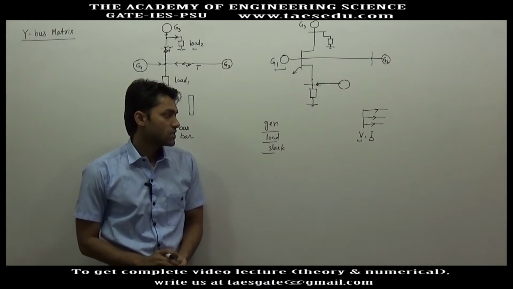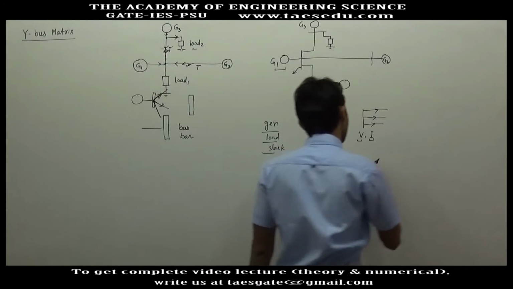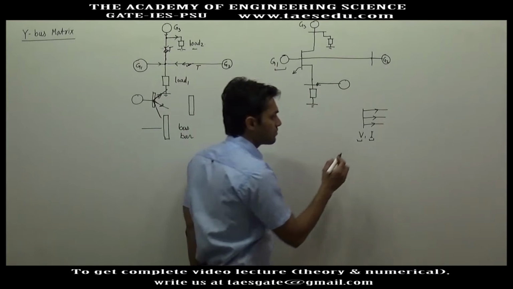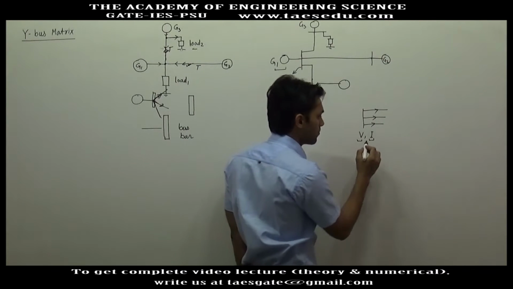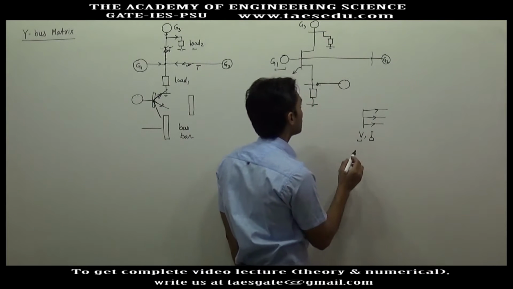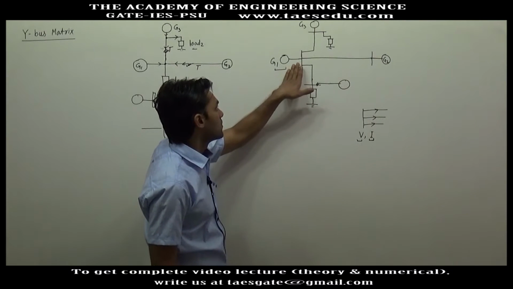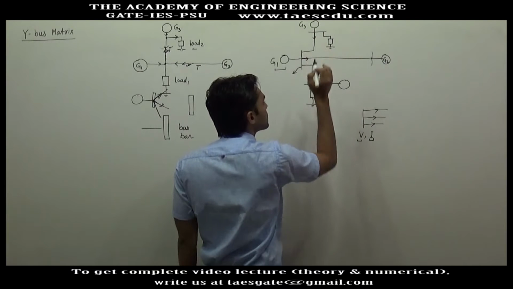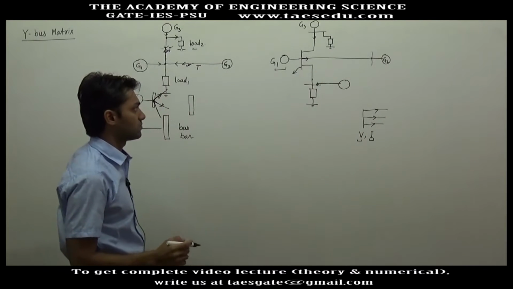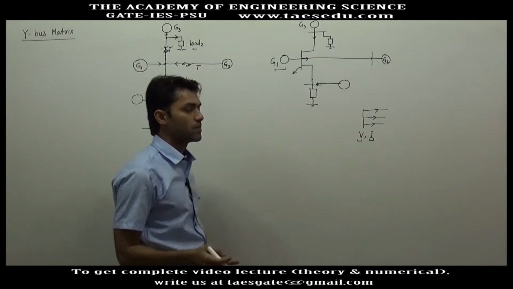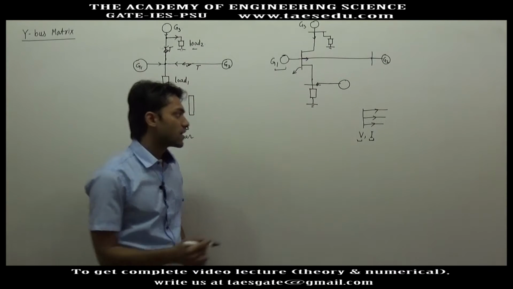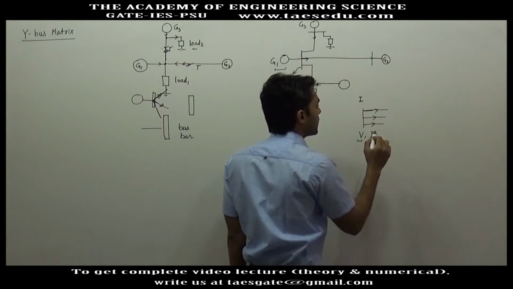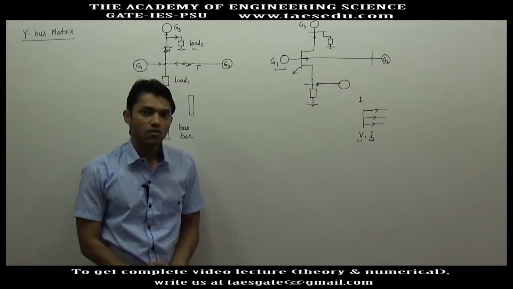In general, the voltage at any bus will not depend only upon the current flowing through this bus. In general, voltage at any bus, let's say this bus, will depend upon the currents flowing through the other buses too. Similarly, the current at any bus will in general depend upon the voltages of all the buses.